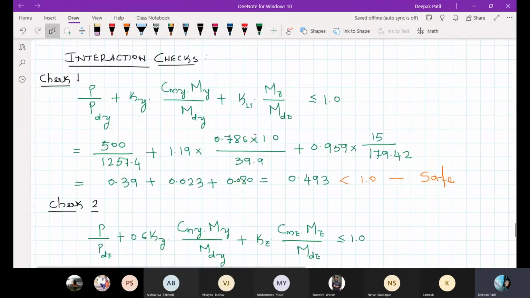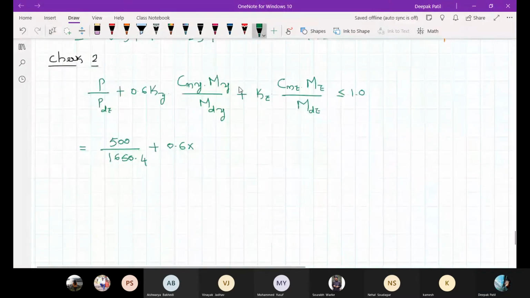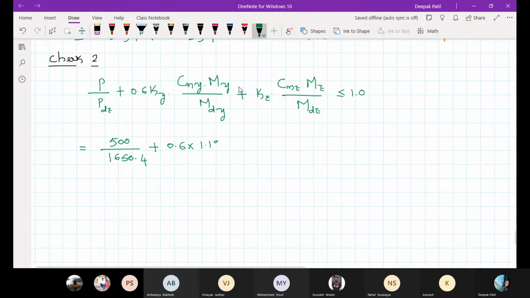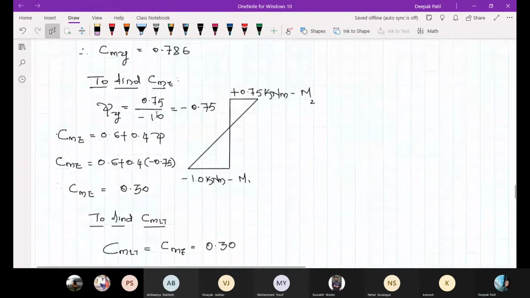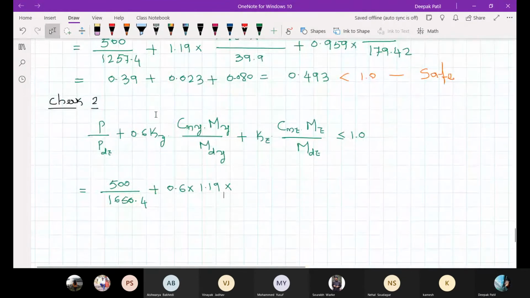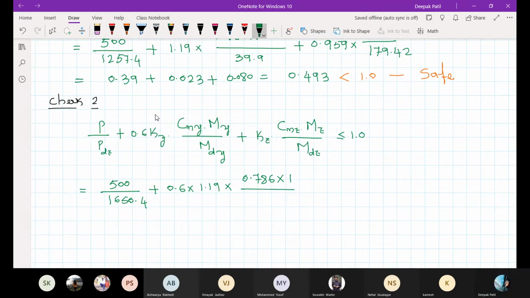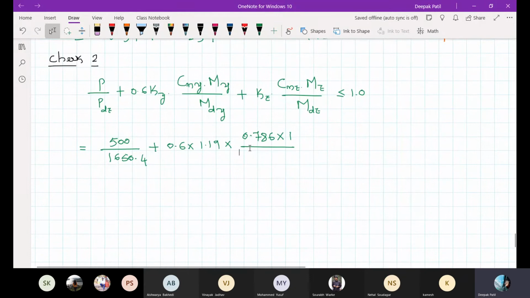So KY we have already calculated. KY is once again 1.19 multiplied by CMY. CMY is 0.786, MY is 1 divided by MDY. MDY is 39.9.